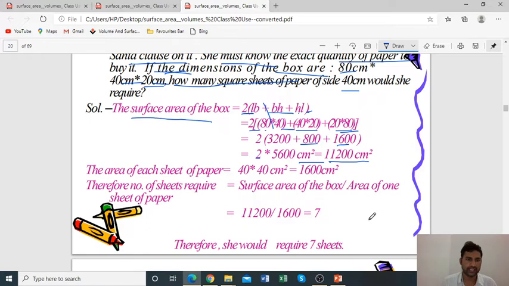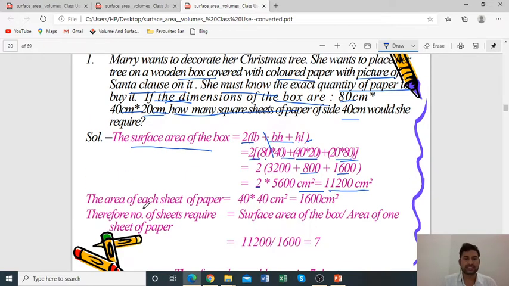And the total area of each sheet of paper. The side of the sheet of paper is 40 centimeter, so the sheet is a square.